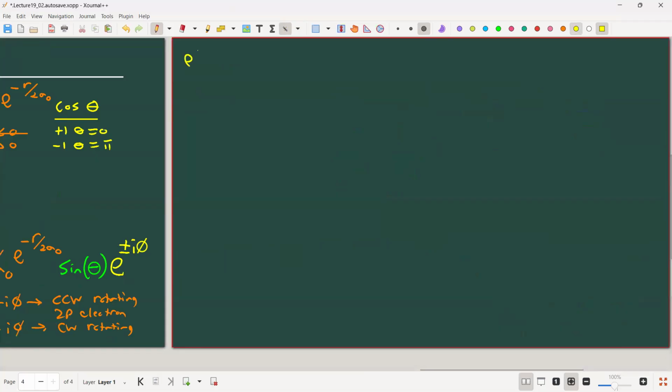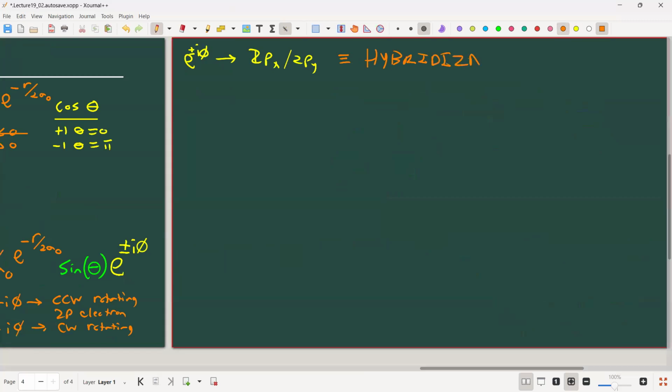Going from plus or minus e to the i phi to 2px and 2py, this process is called hybridization. We hybridize the orbitals.